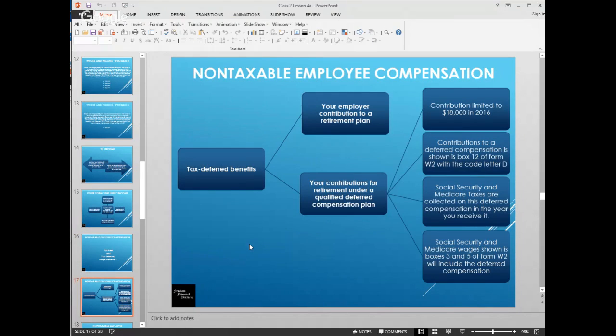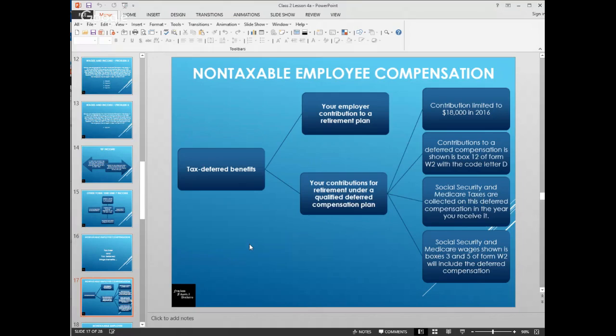Other forms of non-taxable benefits include your employer's contribution to your retirement plan. You're not going to see that on your W-2. That would simply be added into your pension or your retirement plan. In addition, your contributions for retirement under a qualified deferred compensation plan may also not be taxable.